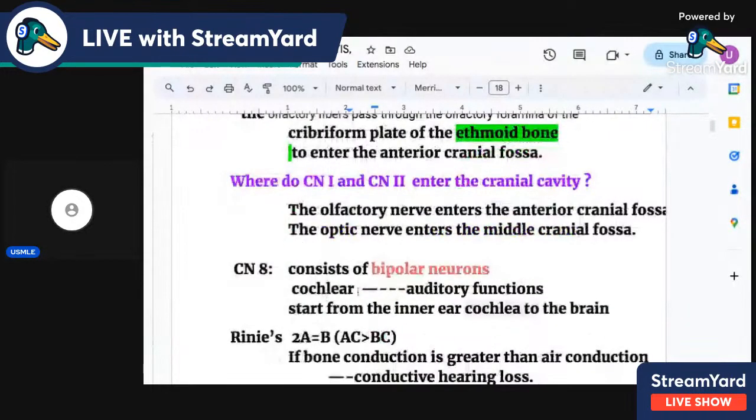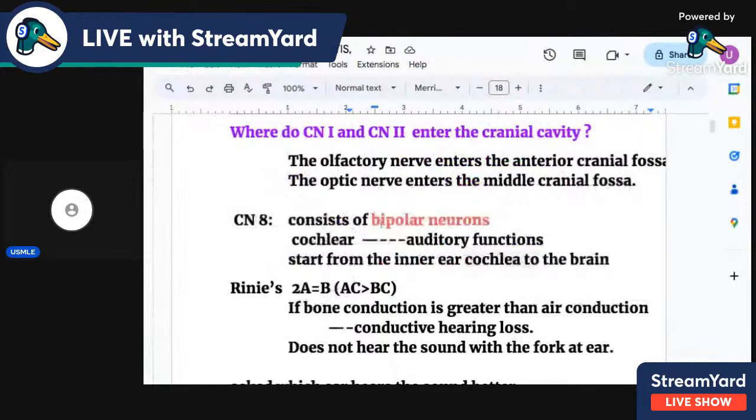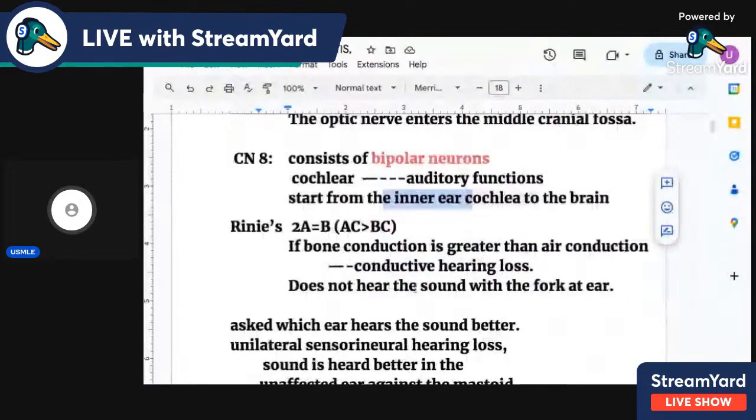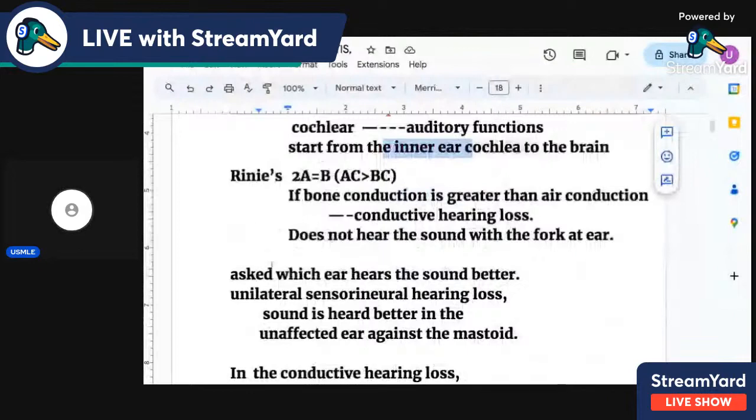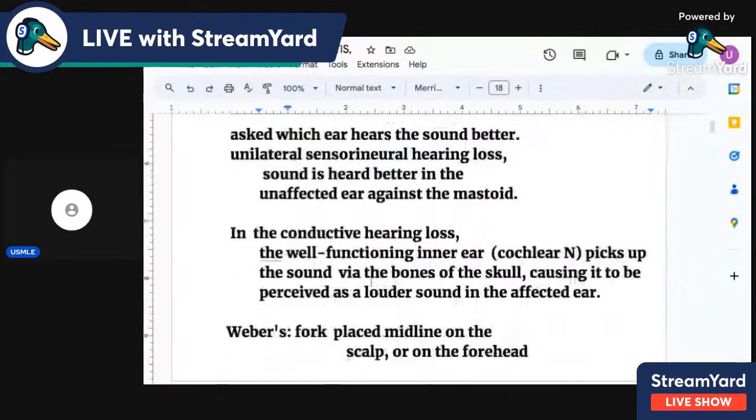Then cranial nerve 8, vestibulocochlear, has bipolar neurons and two parts. The cochlear part is concerned with audition, auditory function, and it runs from the inner ear cochlea to the brain. There are three tests for that: Rinne's, Weber's, and Schwabach, and it is also done with audiometry.